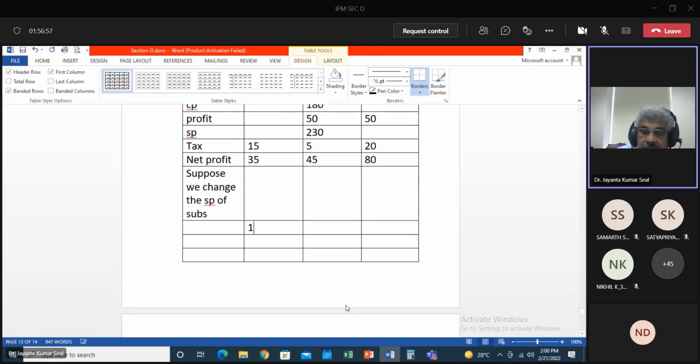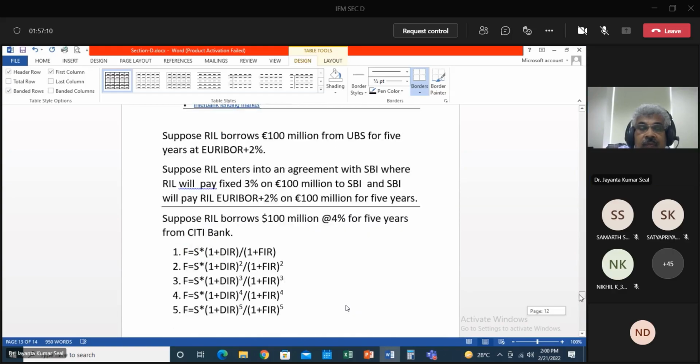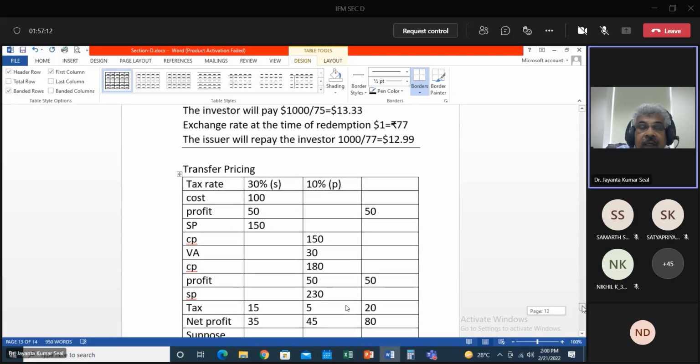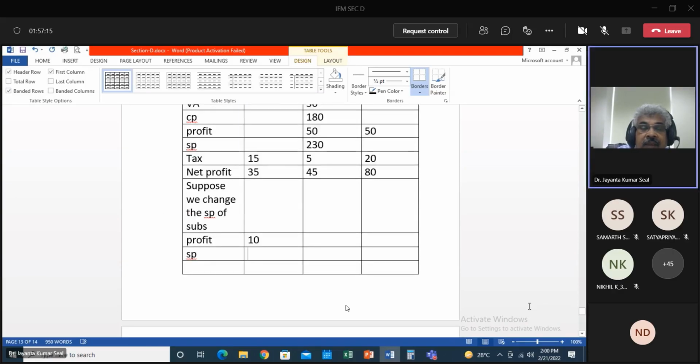Subsidiary makes a profit of 10 rupees. Profit 10. What will be the selling price of subsidiary? Subsidiary has a cost of 100. So the profit is 10, selling price is 110.